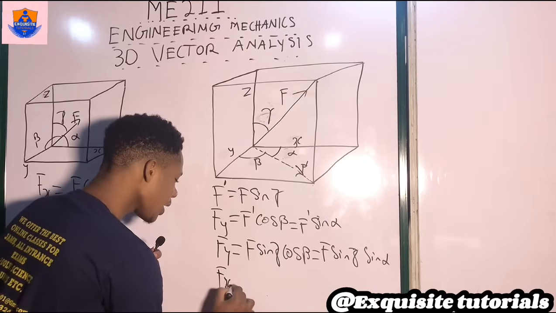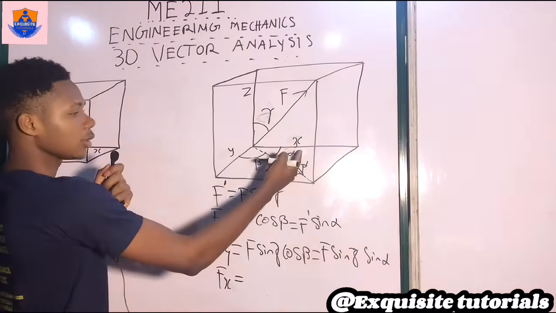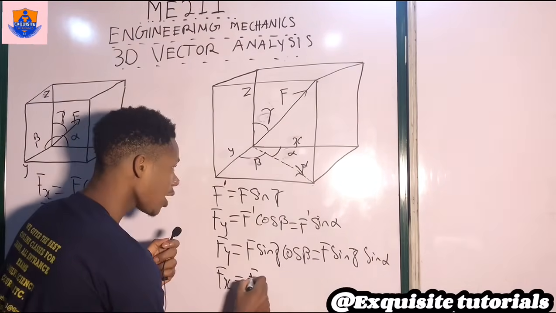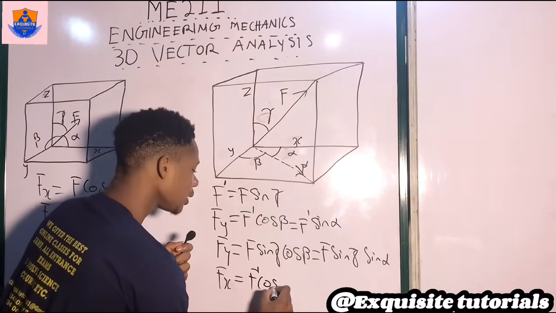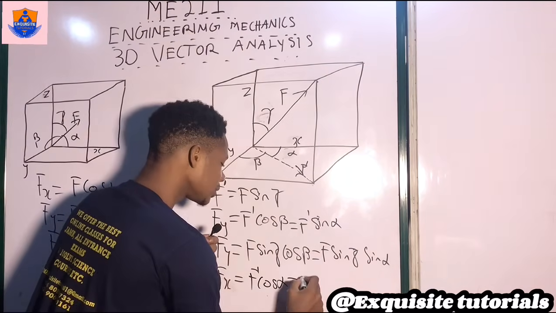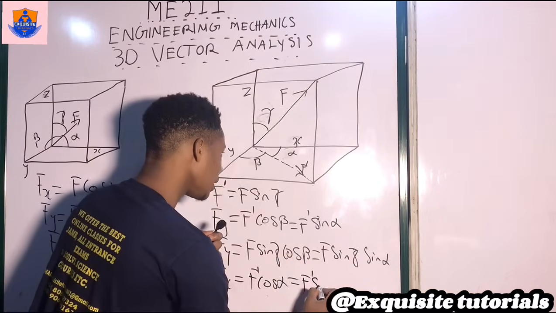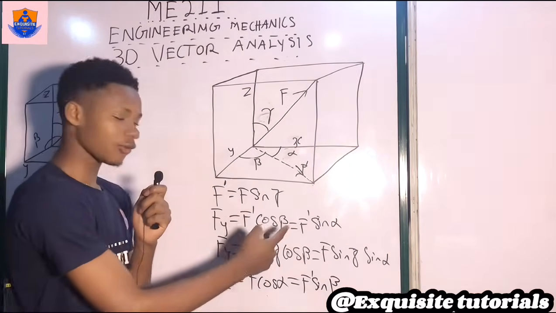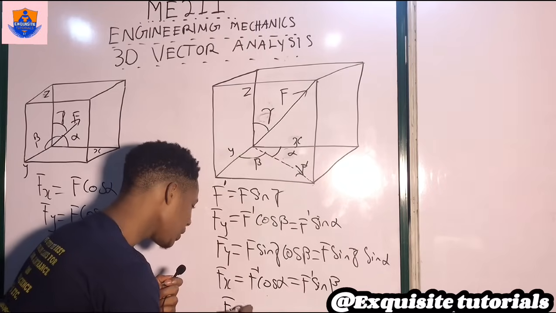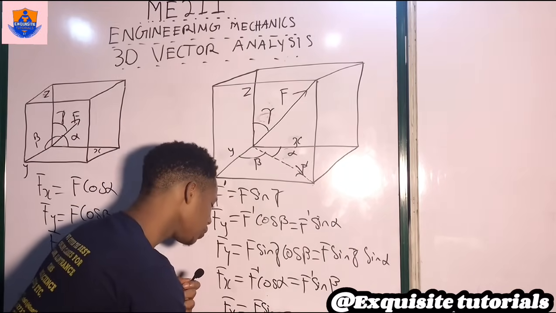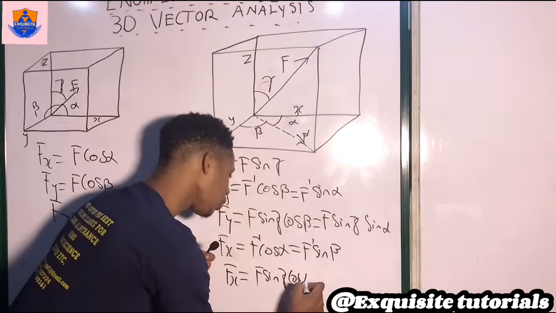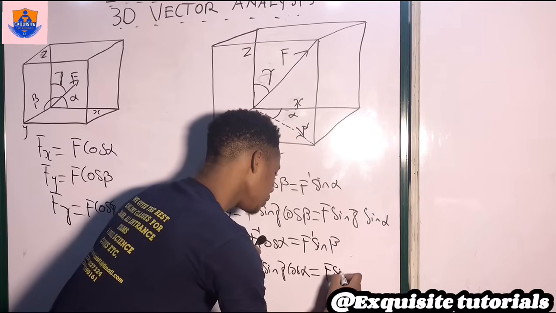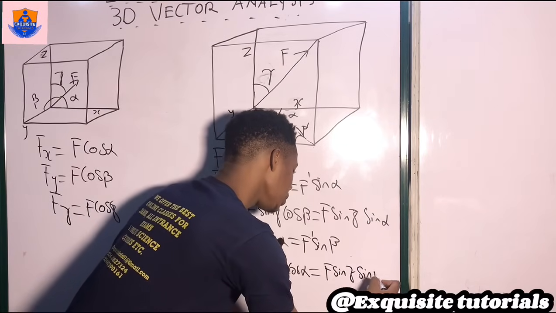So to get F of x, we resolve F prime to the x-axis. That will give us F prime cosine of alpha, or we could write it as F prime sine of beta. Now, again, F prime remains F sine of gamma. That will give us F of x to equal F sine of gamma cosine of alpha, and that will equal F sine of gamma sine of beta.